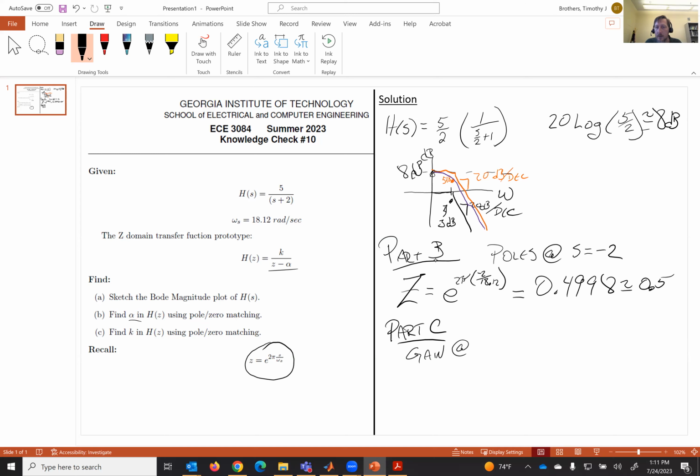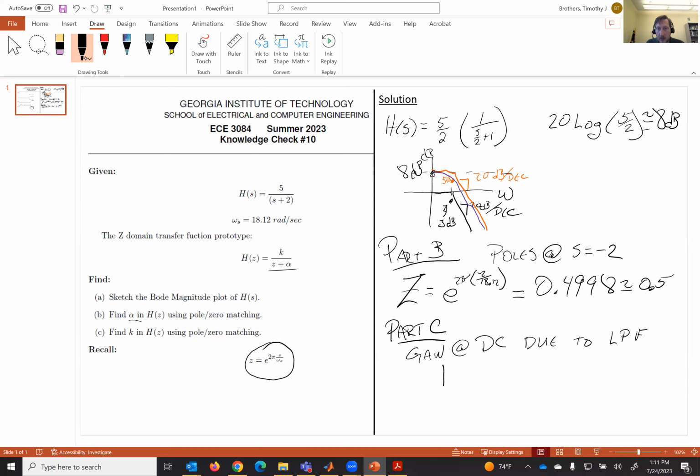at DC. Let me make this DC. Due to low pass filter. And we can go all the way back and just plug that into this original H of S if we want to, because when we do this, we want to get the linear gain, not the decibel gain.